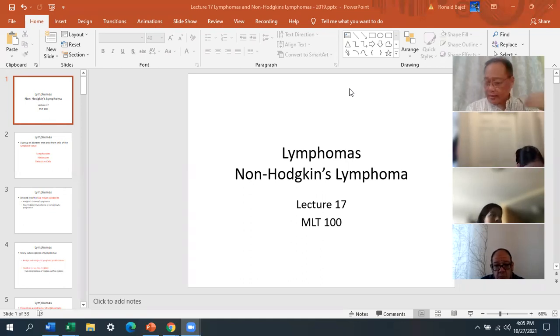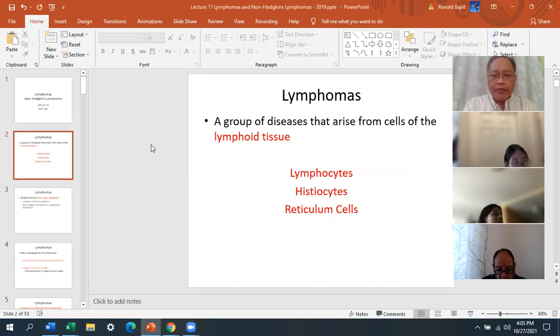Okay, other than that, let's go ahead and get started on lymphomas. Okay, lymphomas, they're a group of diseases that come from the lymphoid tissue. And the lymphoid tissue are, of course, the lymphocytes, the histiocytes. You know what histiocytes are? They're former macrophages, and reticulum cells.